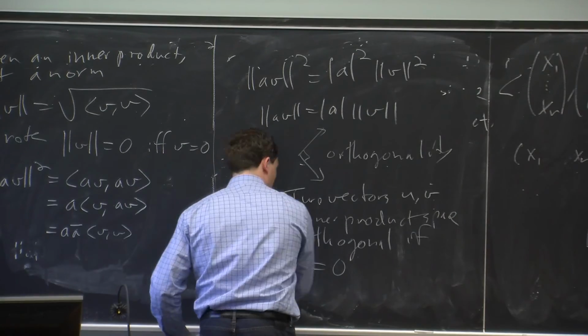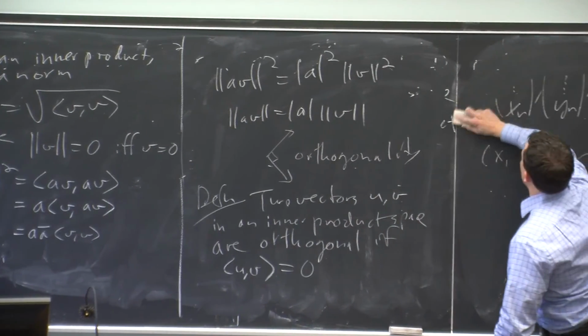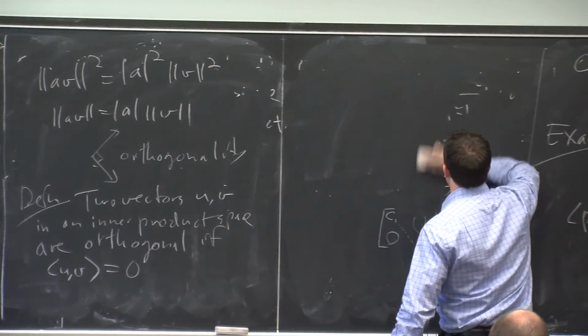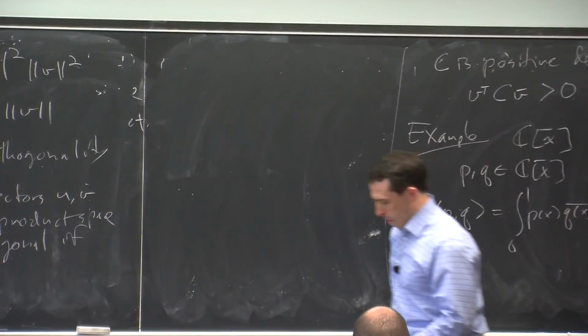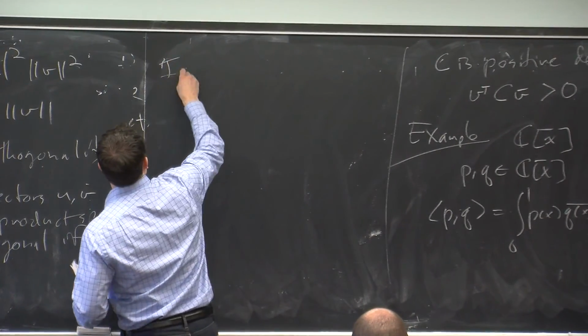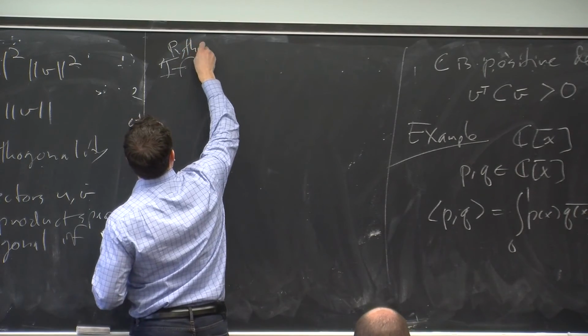And when we have orthogonal vectors, we can do the thing, we can compute lengths like we did a second ago using the Pythagorean theorem. That is, this is the Pythagorean theorem in inner product language.